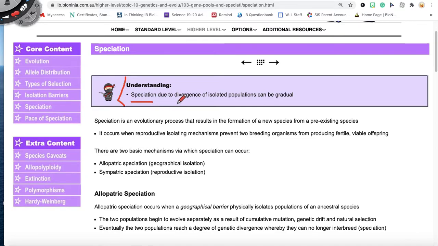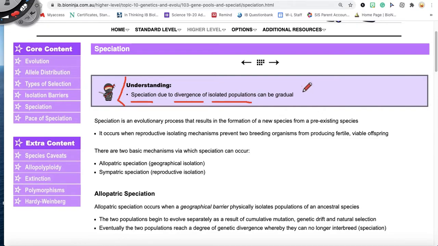Speciation is due to divergence of isolated populations. And we know that this divergence of two separate species can be gradual, or sometimes the pace can be a little bit faster.